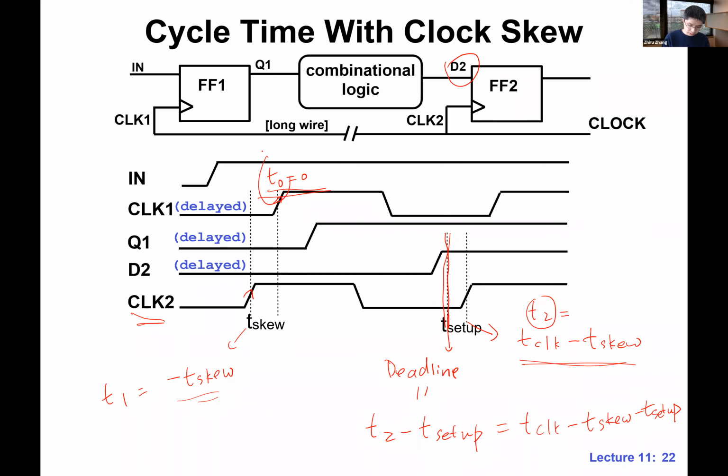Again, with respect to T0, the reference time. What's the arrival time? Guys, don't be confused by the fact that there are two clocks, right? I already have defined the reference time for clock 1. Okay, very good, right? The arrival time is still T FF. I keep saying T, right, this one.